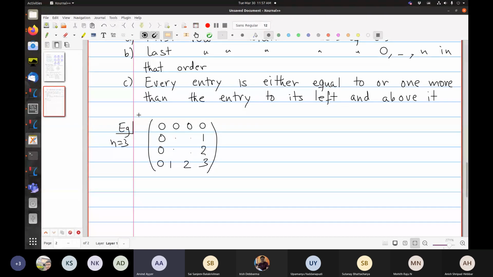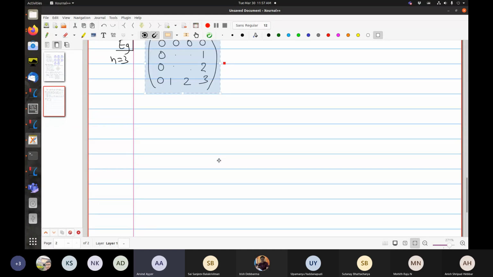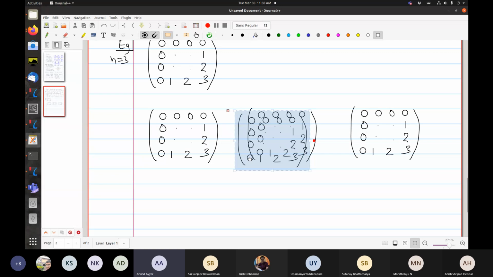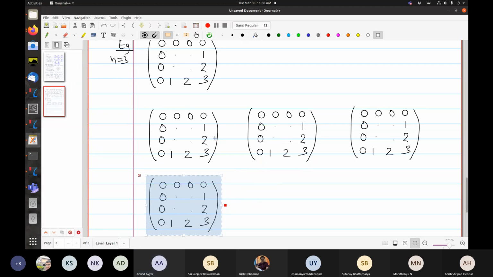So let us try and build these matrices. I want you to tell me, give me one example. Can you fill these 4 entries in some way? 0, 0 in the second row and 0, 1 in the third row. Okay, let's try that.